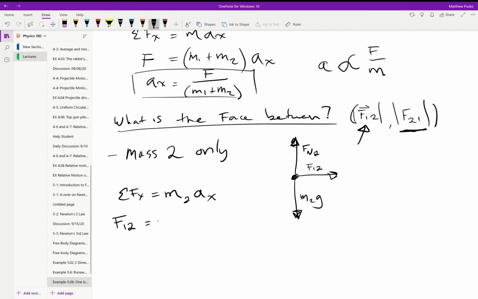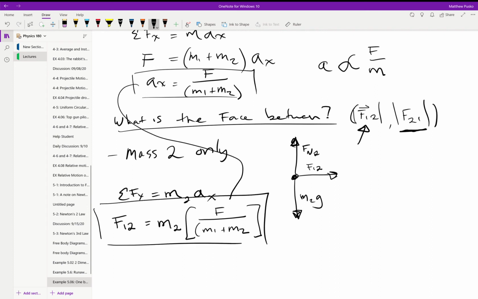And we can say that's equal to m2, and then put our equation for acceleration in here. It's equal to the big force applied over the combined mass. Ta-da! That's our answer. So if you did this for the other mass, you would get the same answer, because Newton's third law.